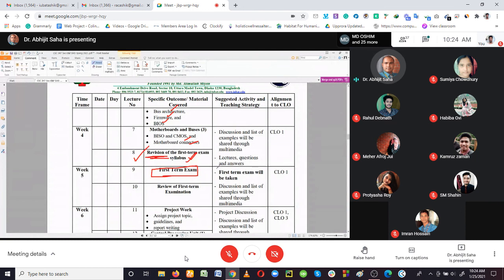According to our plan, the first term examination is going to be here, but with the online situation, the registry is going to assign the date for the first term examination. Based on the date the university assigns, we are going to decide when to do the first term examination for this course.